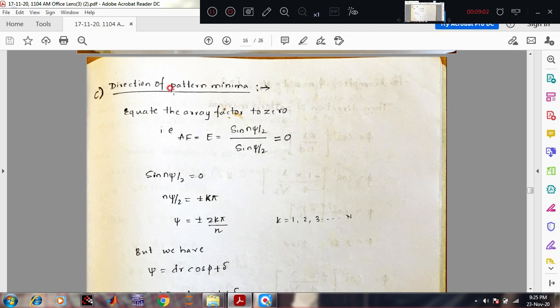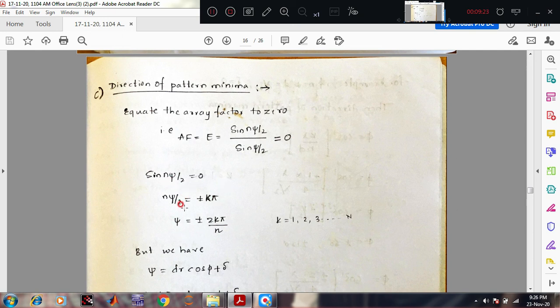Move on to the next point, direction of pattern minima. At what angle will the minimum of the pattern occur? Equate the array factor to 0. What is that array factor? We have seen that E is equal to sin(nψ/2) by sin(ψ/2), which is equal to 0. So sin(nψ/2) is equal to 0.